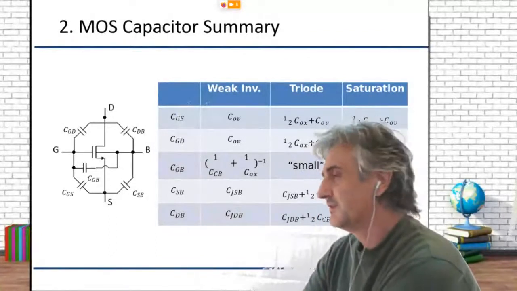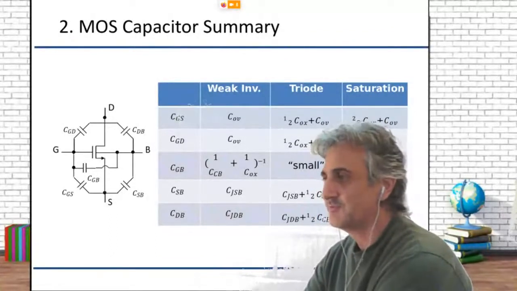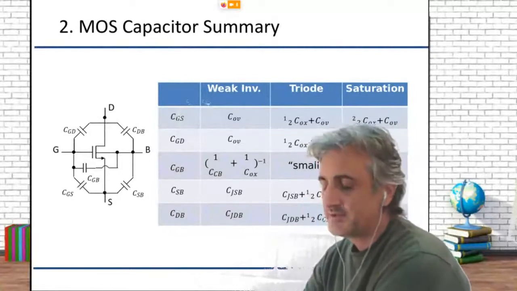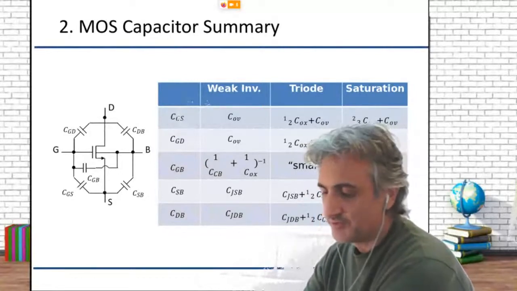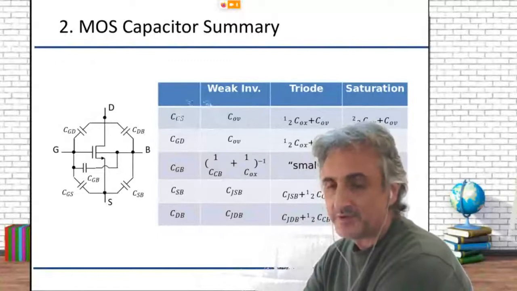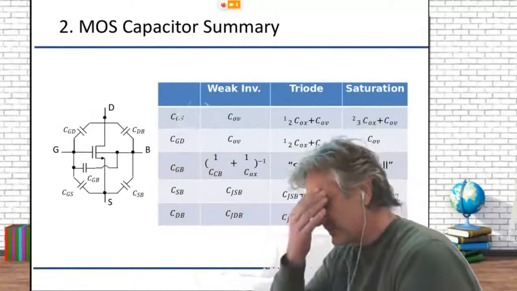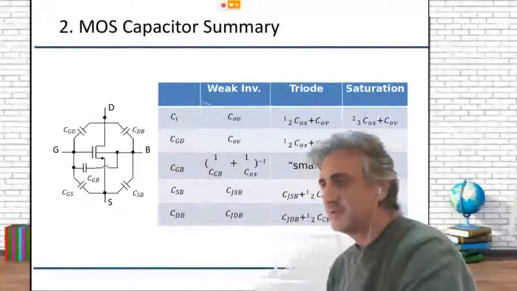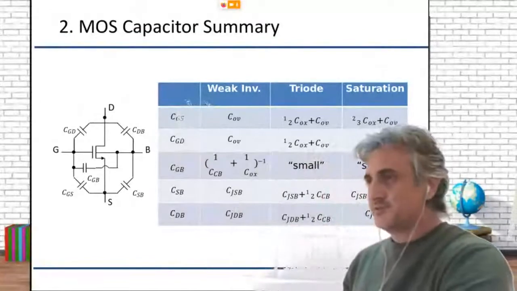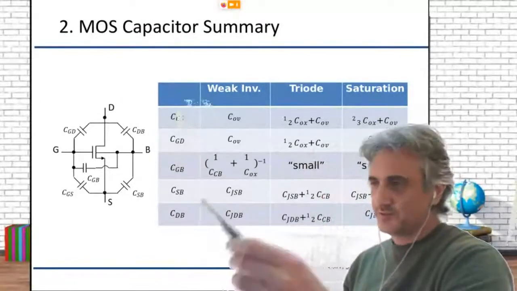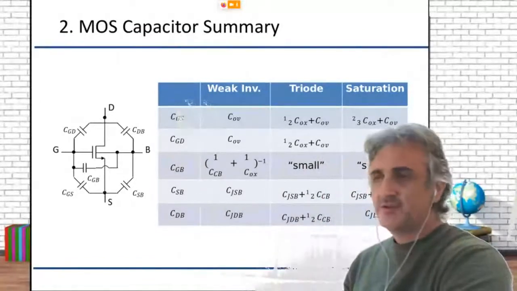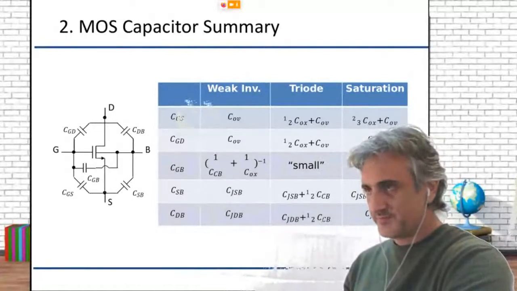And for the capacitance between the source and the bulk and the drain and the bulk, they are the capacitances for junctions. Okay, and then in the triode and saturation regions, okay, so we have all the other expressions.